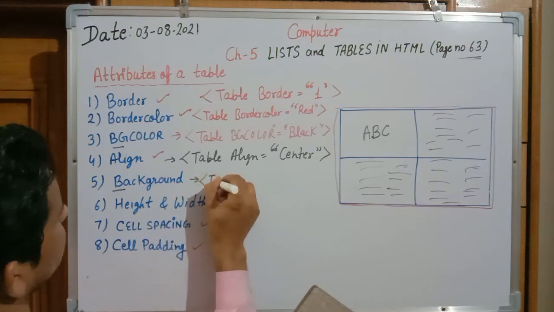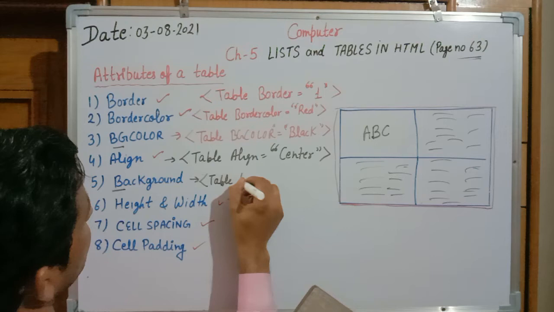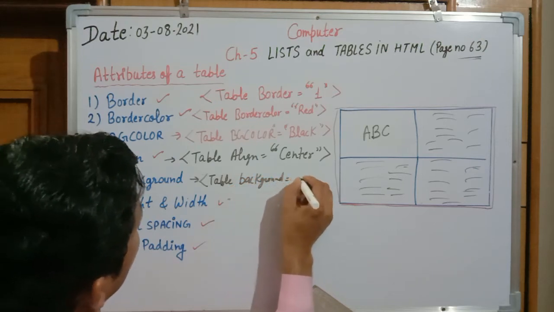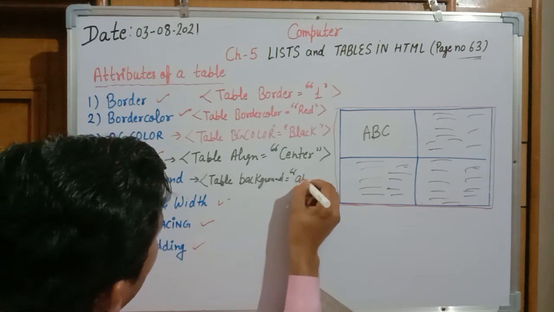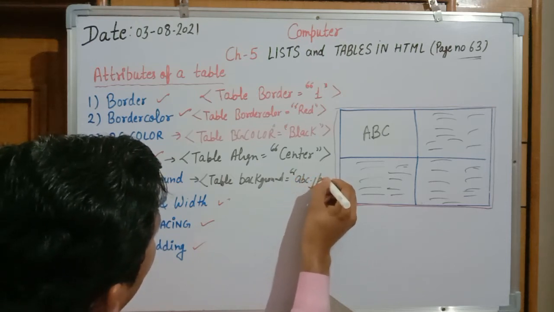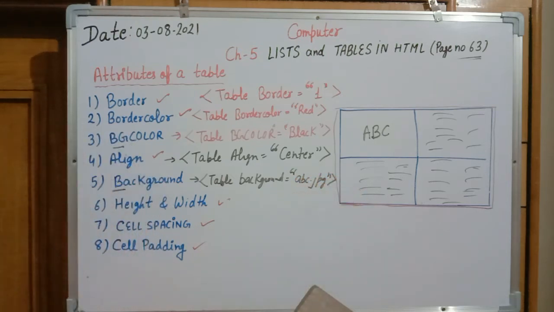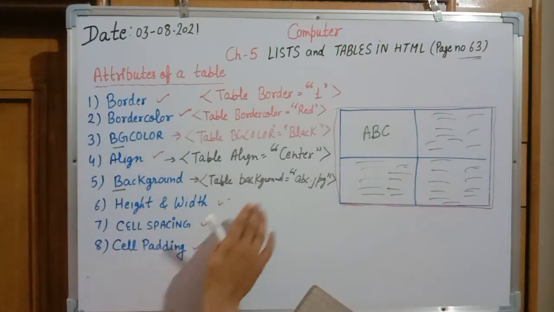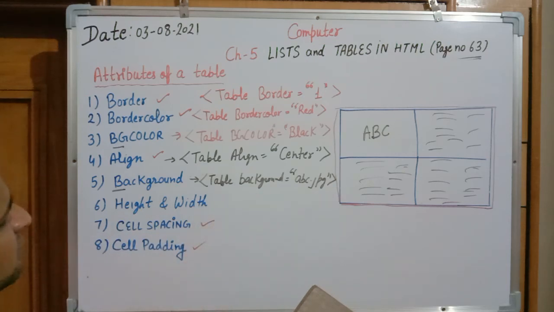Table background equal to abc.jpg, any picture we can open. That will display as a picture at the background of the table. And BG color is the background color.